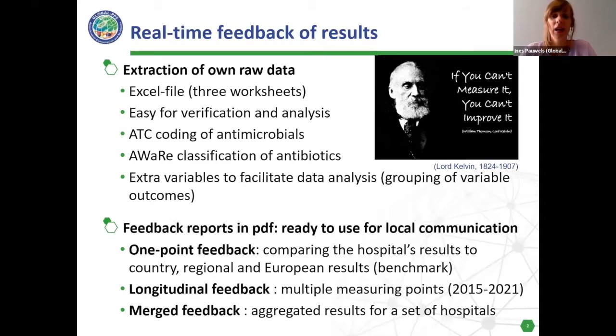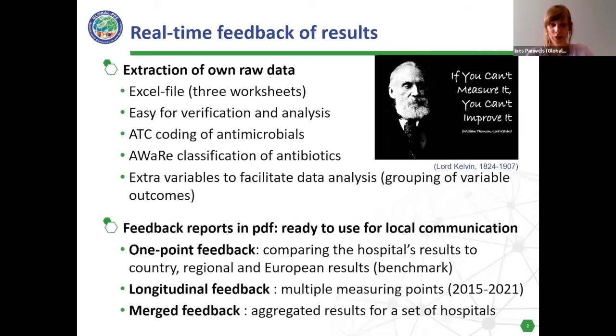And then finally, if you participate with a set of hospitals, you can download a merged feedback report, which will show you the aggregated results for all your hospitals. In the next couple of slides, I will show you some examples of what these reports look like, and then we will go further to how you can use them for antimicrobial stewardship.